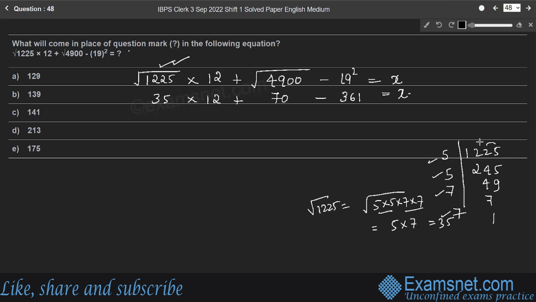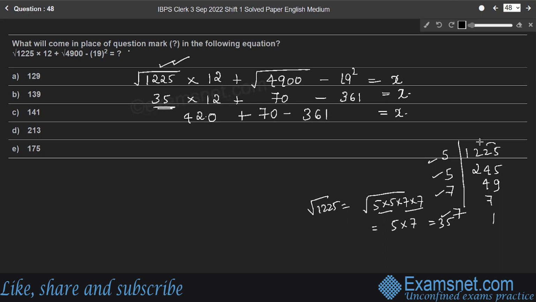Therefore 35. So simplify it. You will get x as 35 into 12, which is 420. 12 into 35 is 420 plus 70 minus 361 is x.